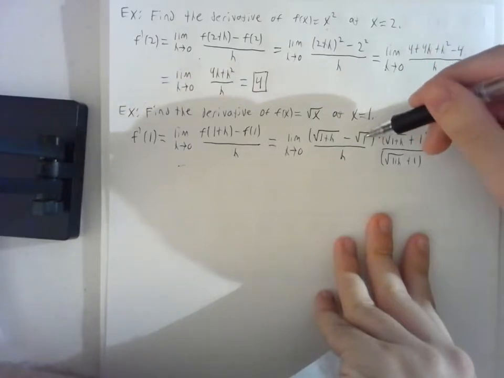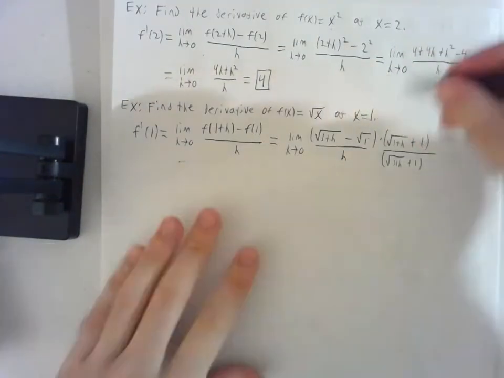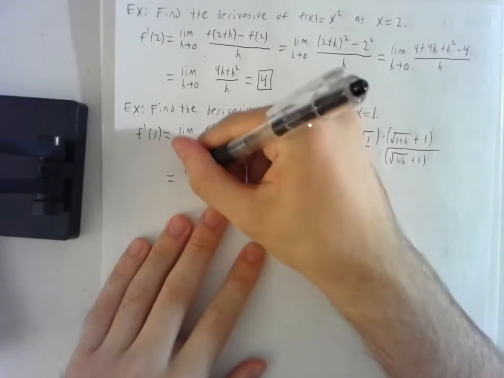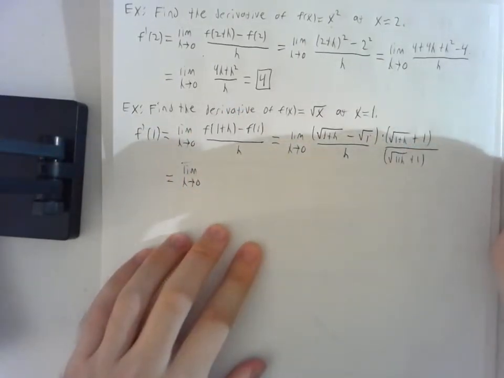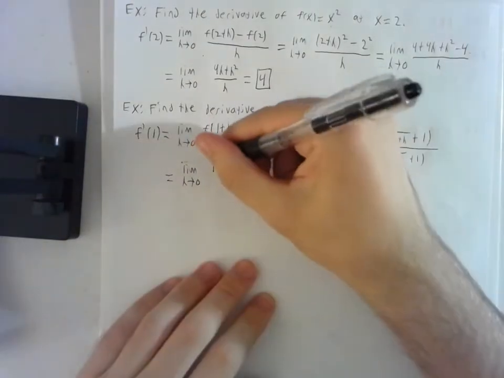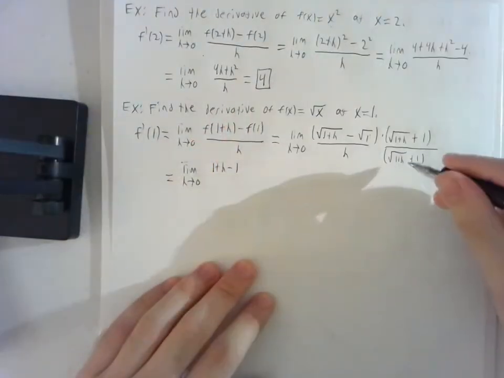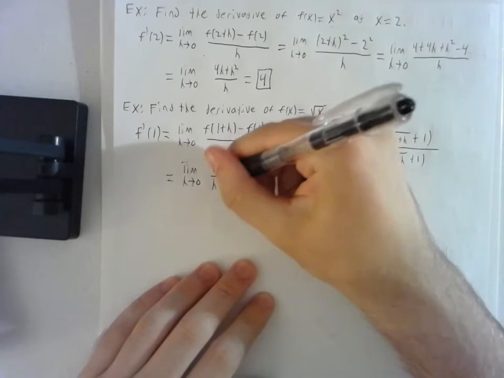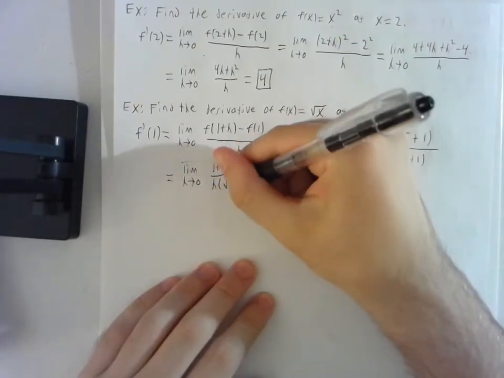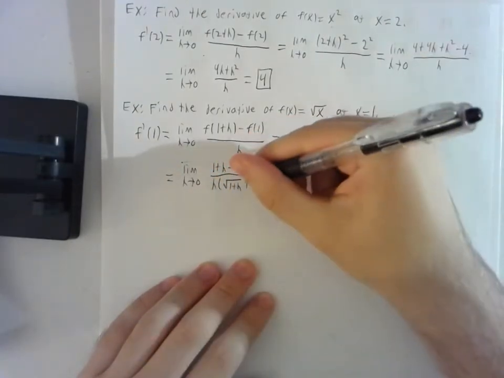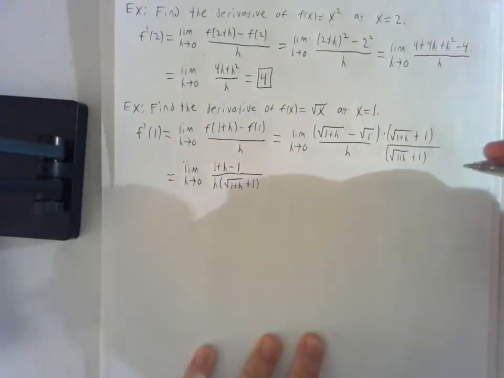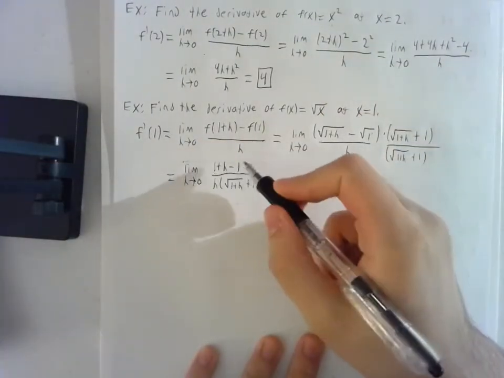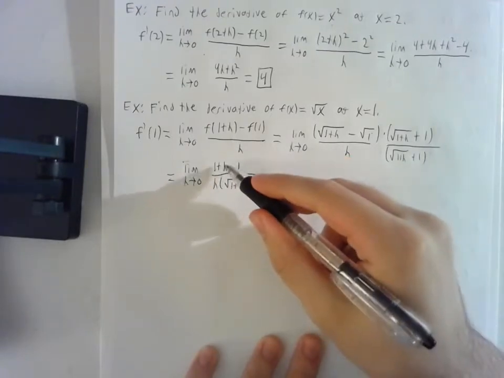So when we simplify this, we get the limit as h approaches 0 of 1 plus h minus 1 divided by h times (square root of 1 plus h plus 1). And now you can see why we wanted to do this, because in the numerator the plus 1 and minus 1 cancel, left over with an h that will cancel with the h in the denominator.